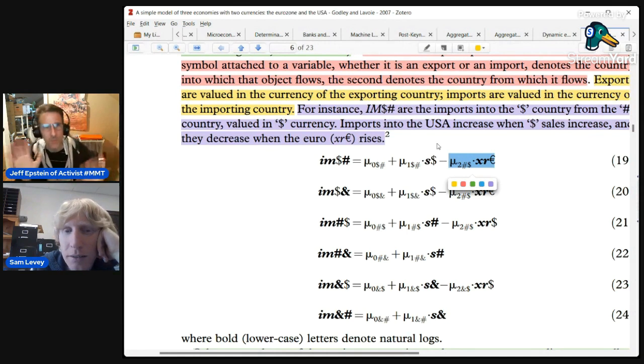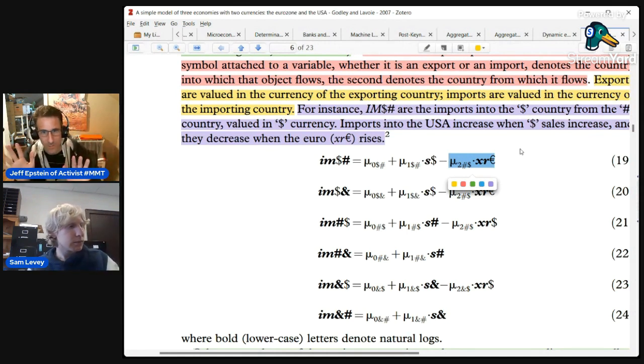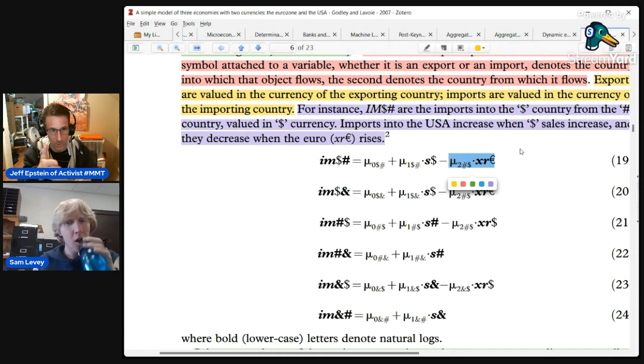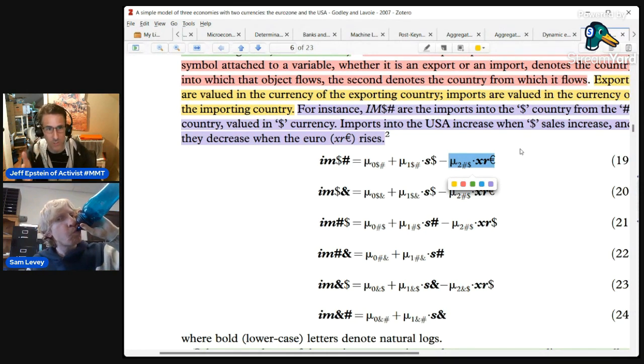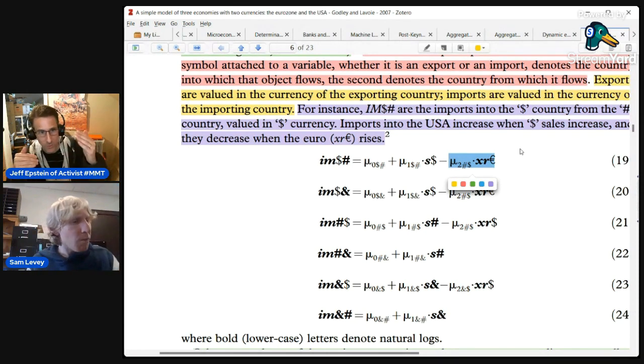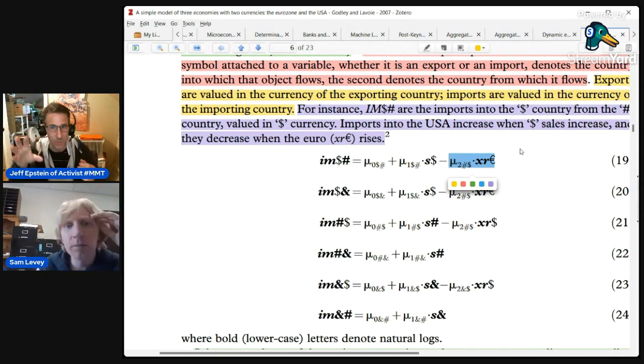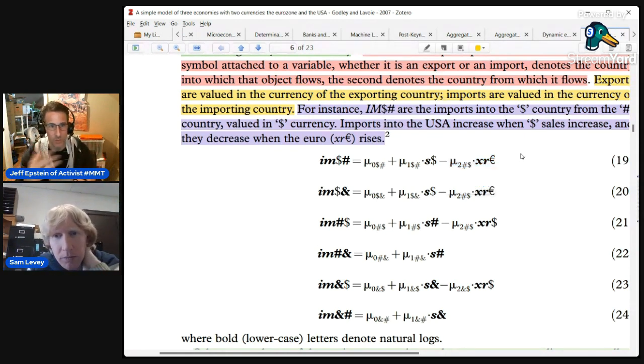Right. But the point is, whatever it is, as you just said, there are real world conditions behind these numbers. So when the exchange rate goes up, my desire for importing goes down. When my sales go up, my desire for importing goes up.